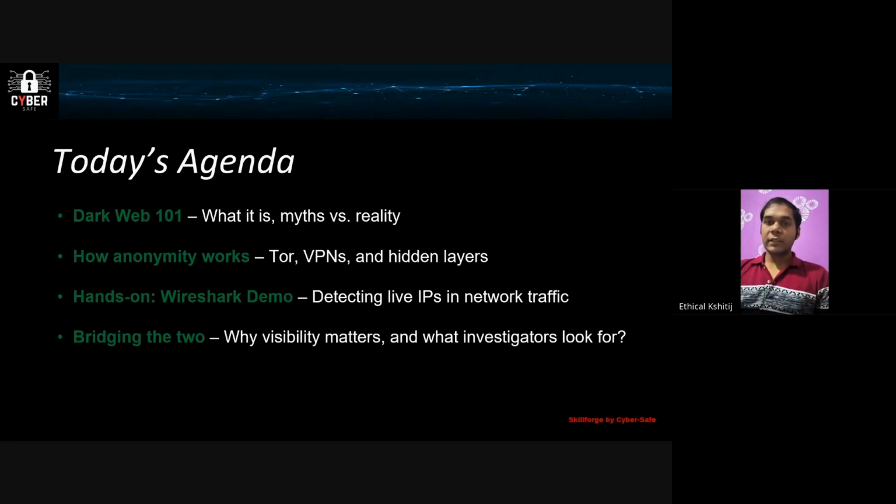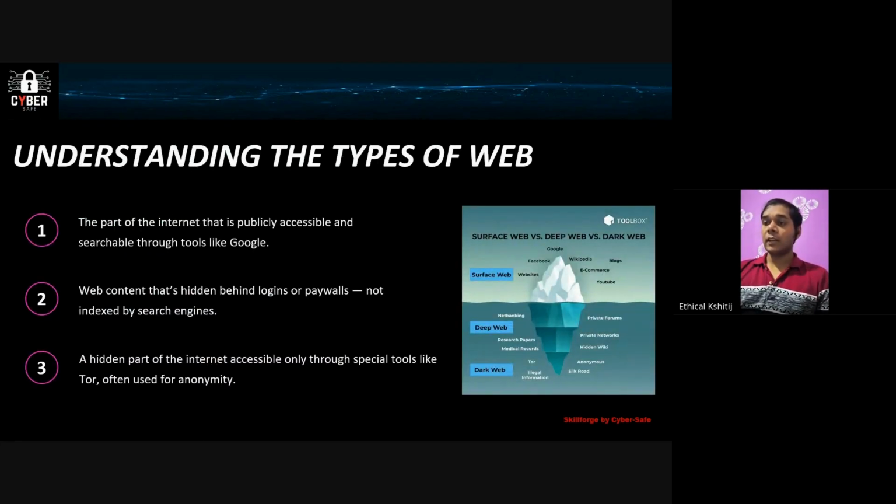So let's start. This is just a sample picture that you have all seen over the internet, and I think the introductory part has already been covered. There are three types of web: the surface web, the deep web, and the dark web. First of all, you will ask, sir, what is the surface web?